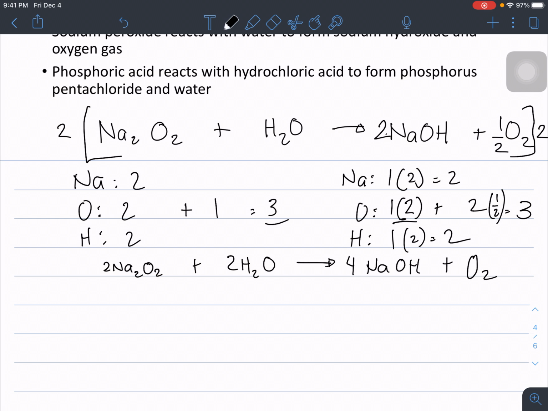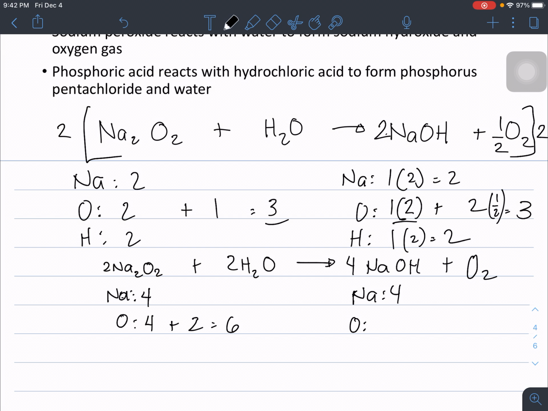Okay? So I should count all the number of sodium. So to check, we have sodium 4 on the reactant side. Sodium on the product side also has 4. Oxygen, we have 2 times 2 is 4, plus 2 times 1 is equal to 2, which will be equal to 6.